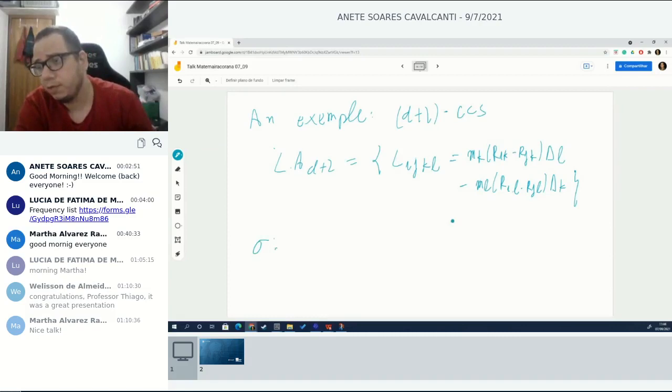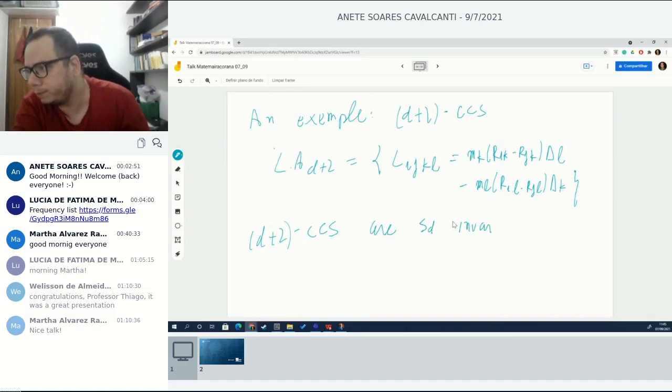Then we can consider a group action that differs to CCs, are SD invariant.